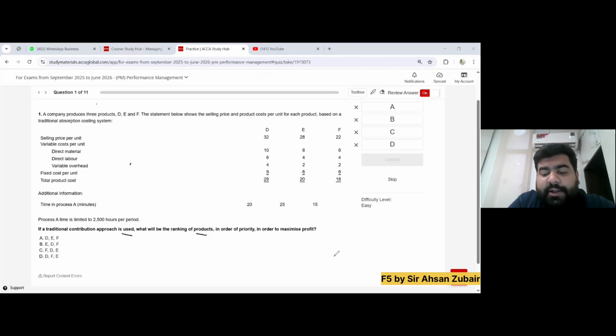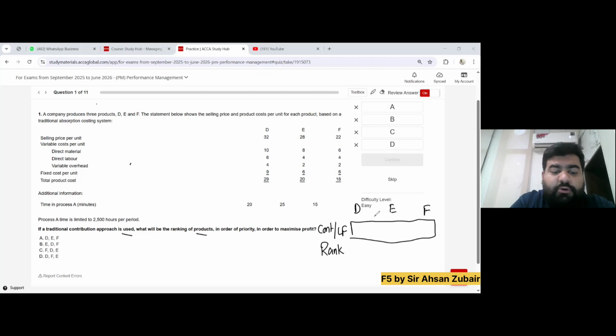We know that ranking is always done on the basis of contribution per limiting factor, and there are three products, D, E, and F. First we will calculate contribution per limiting factor. Contribution is not given, so no issue. Contribution is simple: selling price minus all variable costs. Variable costs are the first three, material, labor, and variable overheads.